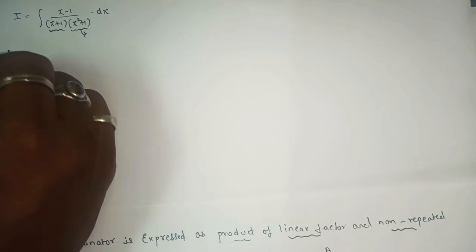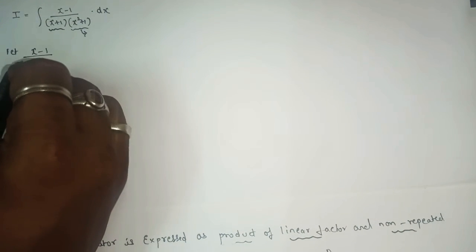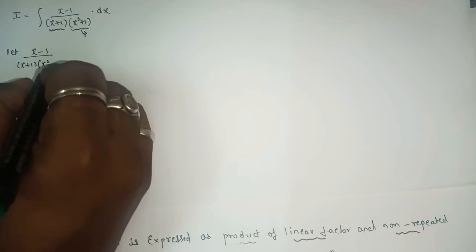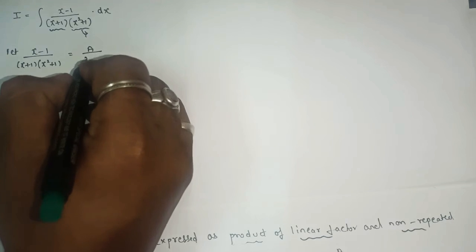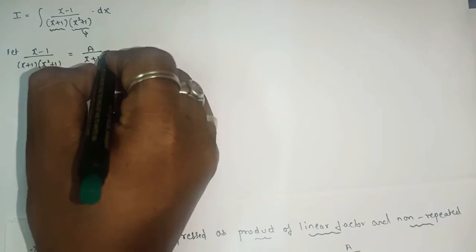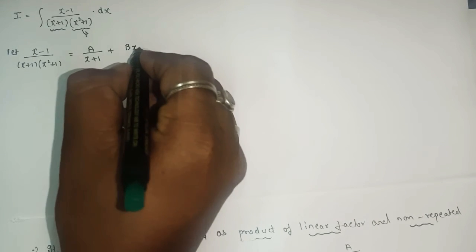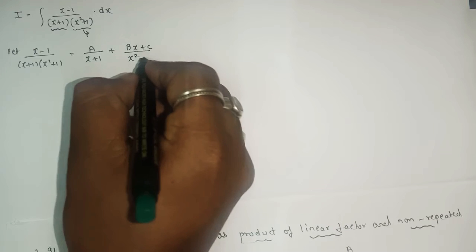You will start writing with what? Let (x minus 1) upon (x plus 1)(x square plus 1) be written as A upon x plus 1 plus (bx plus c) upon x square plus 1.